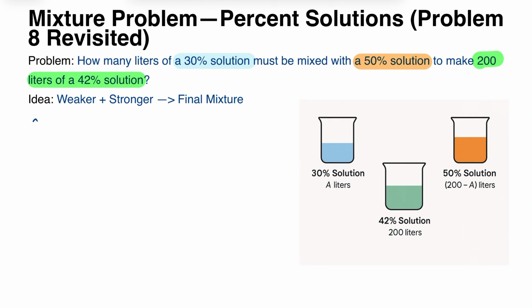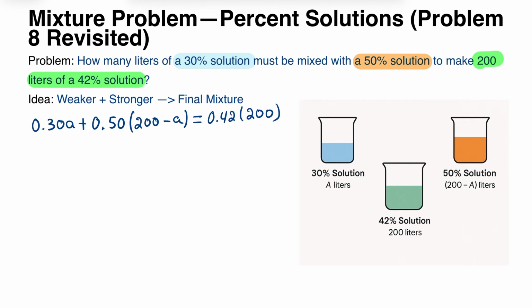So we have 0.30A plus 0.50 times (200 minus A), because this is the rest. And that's set equal to 0.42 times 200.